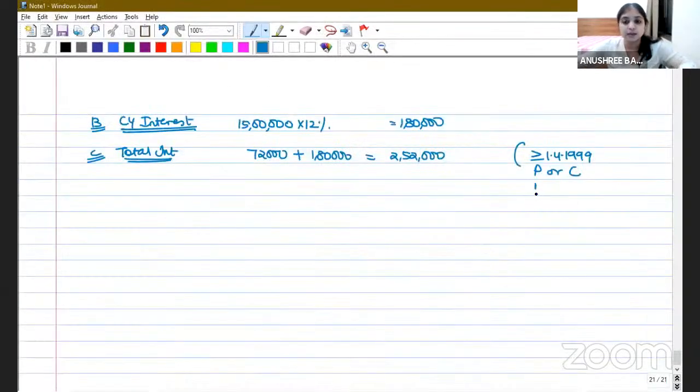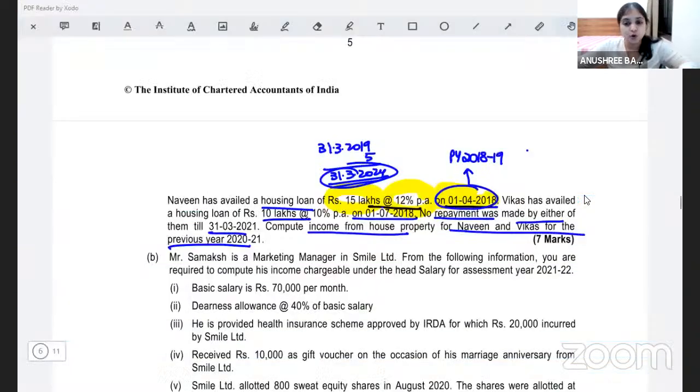So you will see the previous year in which the loan was borrowed. From the end of that previous year, within 5 years, we must finish the purchase or construction. The loan was borrowed in 18-19, and the end of 18-19 is 31st March 2019.